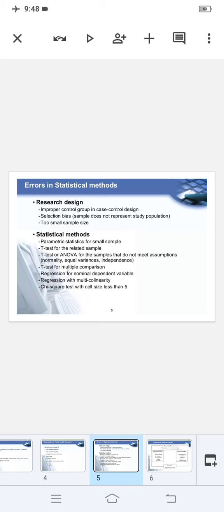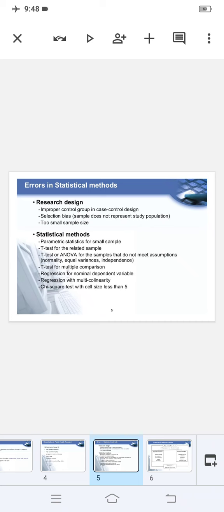If we get bias in the selection, meaning the sample does not represent the study population, or if the sample size is very small, these are the types of errors which take place in the research design. And errors in the statistical methods.